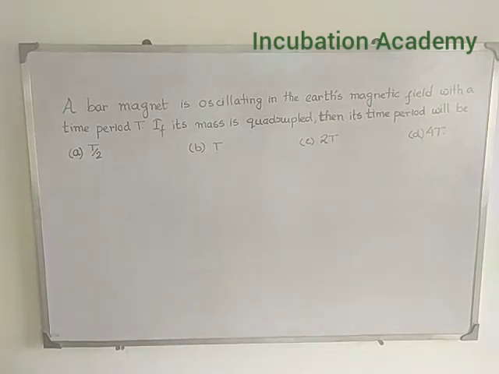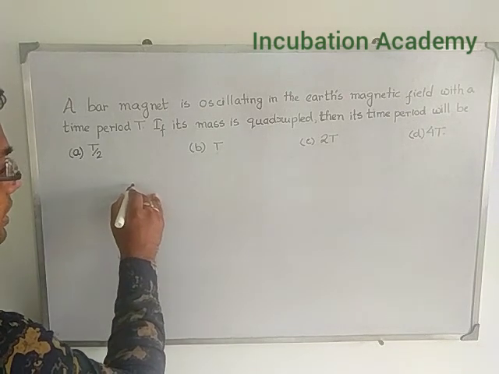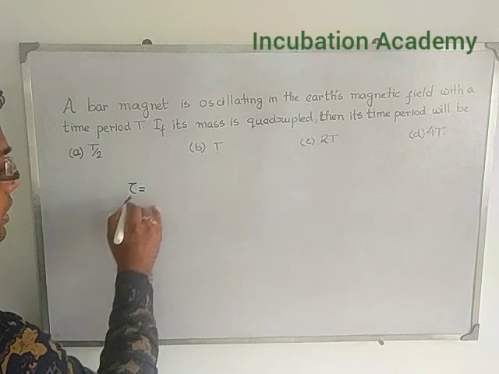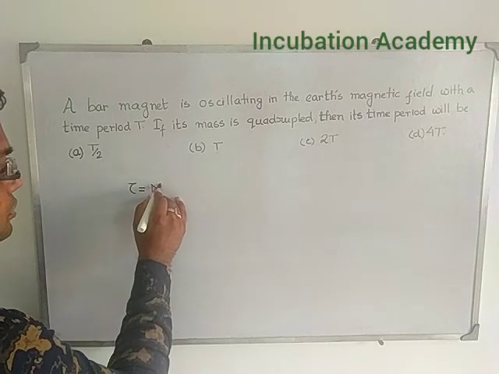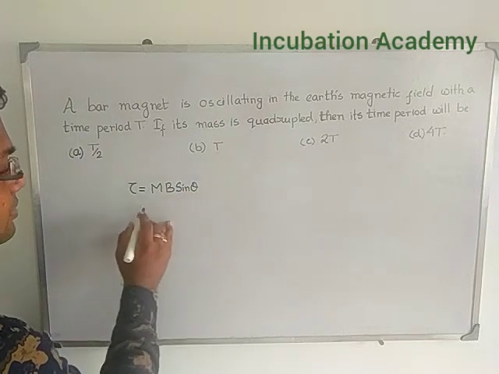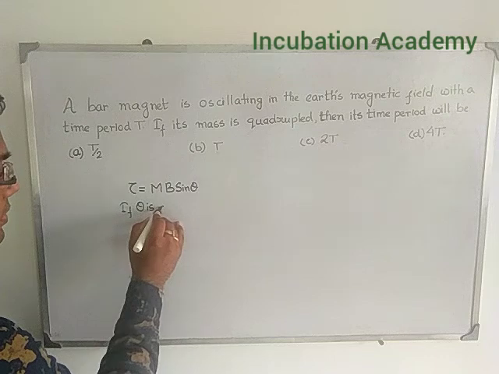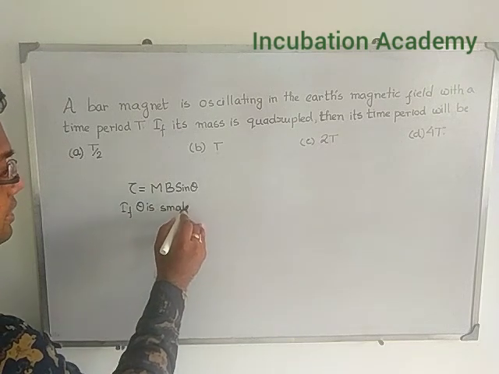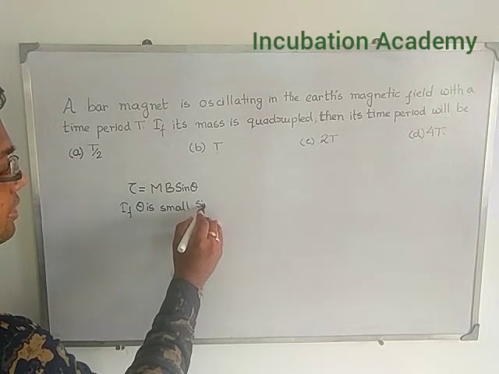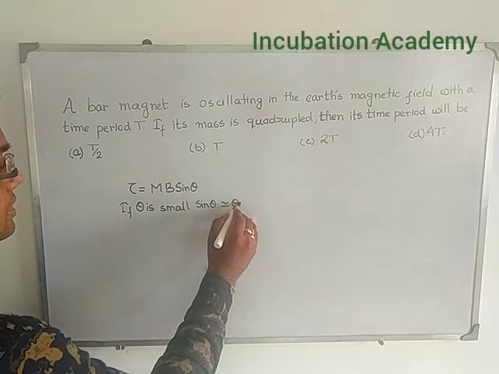A bar magnet is oscillating in the Earth's magnetic field with a time period capital T. If a bar magnet is oscillating, then obviously the torque for oscillation should be equal to MB sin theta. If the oscillation is small, that means theta is small, then sin theta can be replaced by theta.